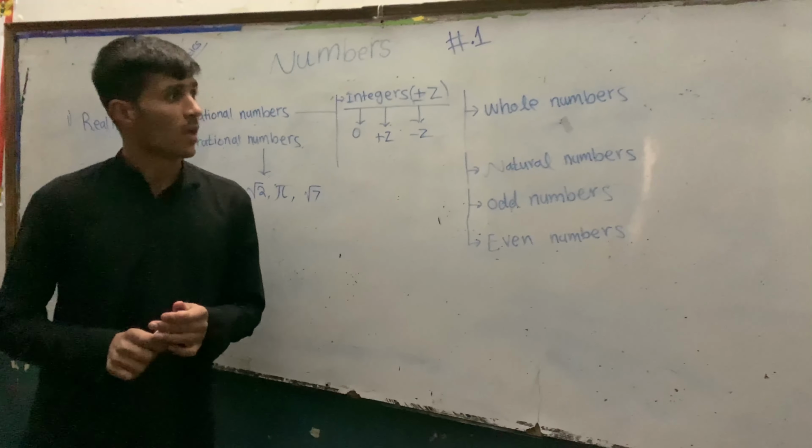Look at the number pi. Pi is a symbol you will see in many books. Its value is 3.14156 and so on, and it continues.